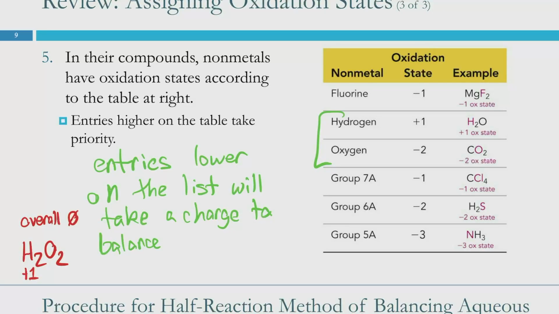We need to balance that out. We've got 2 hydrogens, 2 oxygens, and so this means that oxygen has to take, surprisingly, a -1 instead of the -2 that it normally takes. So that's one instance of this rule coming into play where we take priority. Since hydrogen's higher on the list, it gets its pick. Oxygen is next and all that we have left, and so it has to fill the balance.